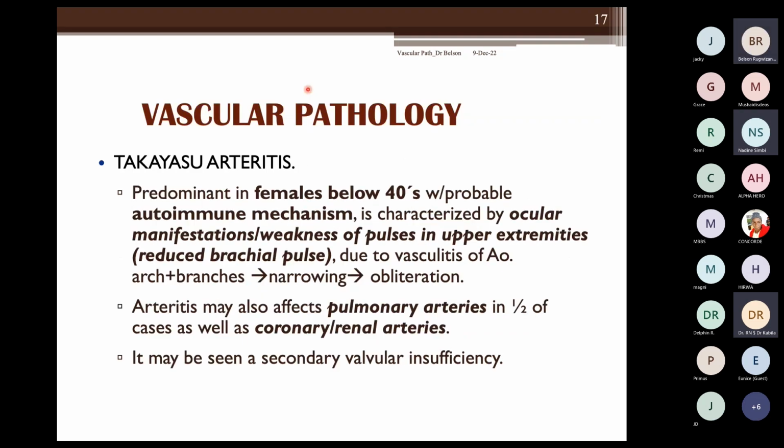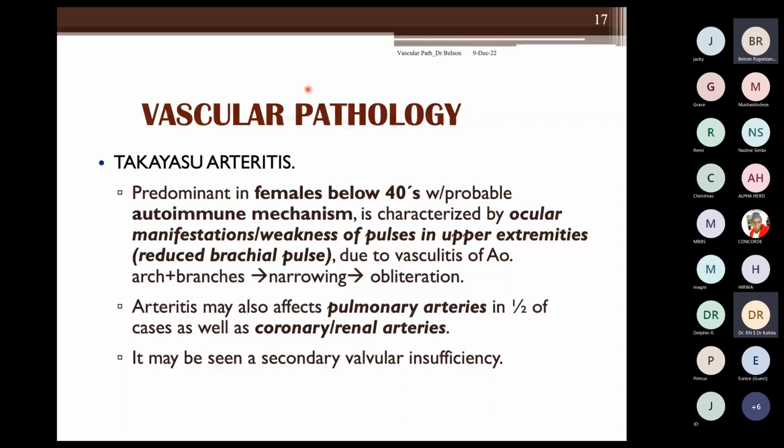So Takayasu mainly seen in females. The reason, the causes, the mechanism is not well known, but they think it is an autoimmune mechanism. So there will be manifestation, weakness of the pulses in the upper extremities. Ocular manifestation and the weakness of the pulses in the upper extremities, reduced brachial pulse due to vasculitis in the arterial, in the aorta.